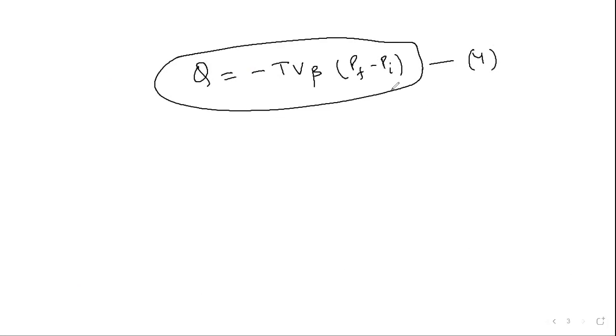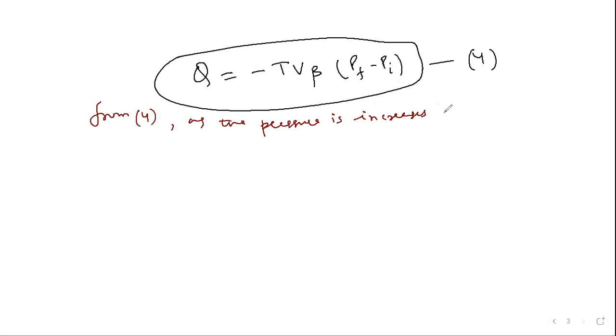Now it can be seen from this result, so I will write from 4, it can be seen as the pressure is increased isothermally. Remember, we are assuming temperature is constant.